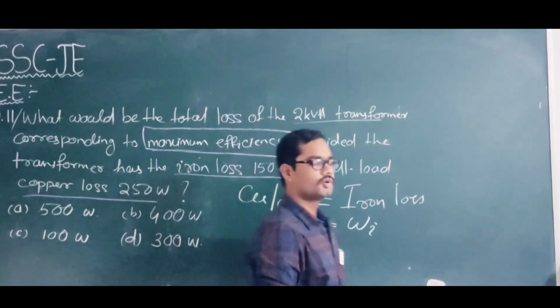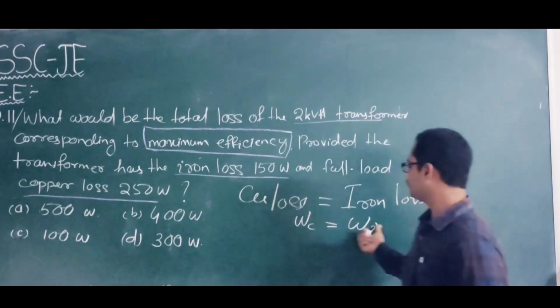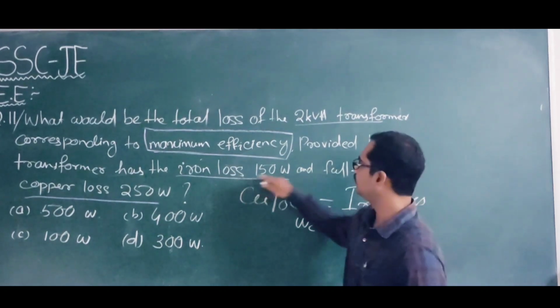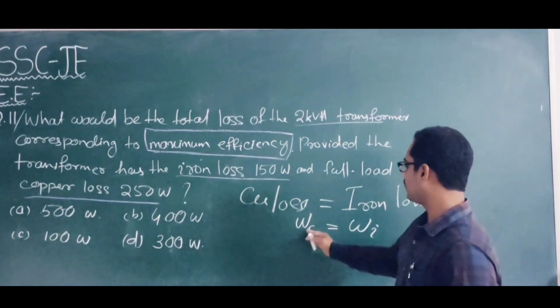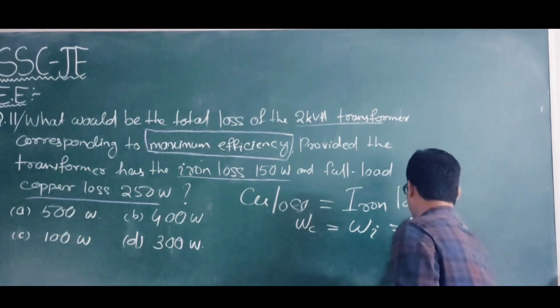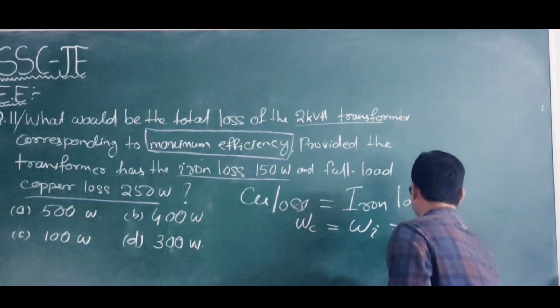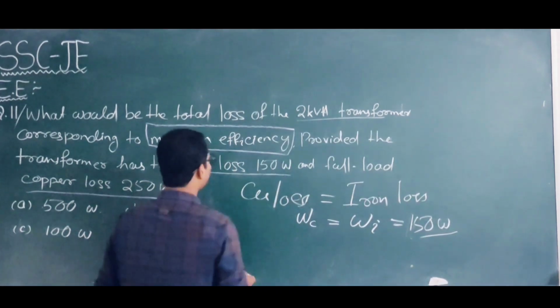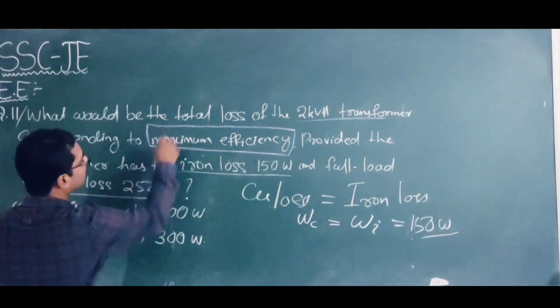The copper loss must be equal to the iron loss, and here the iron loss is given as 150 watt. That means the copper loss and iron loss would be 150 watt. Okay, so next it is to find out what would be the total loss.